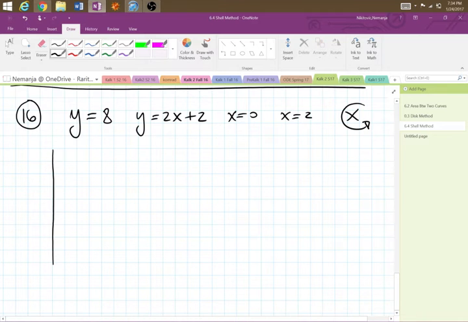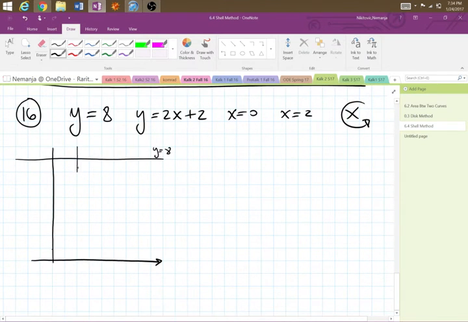Remember, draw big every time. So I have y equals 8, and x equals 2. Rotation is on x.